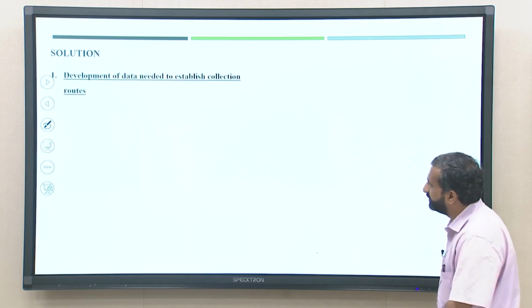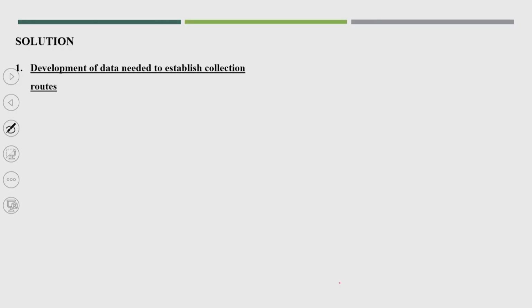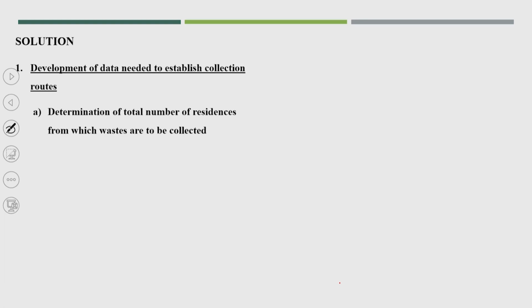So, we will go for the solution. First, development of the data needed to establish the collection route. The first step is determination of the total number of residences from which waste is to be collected.